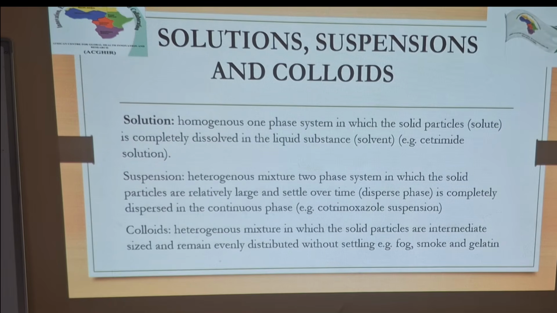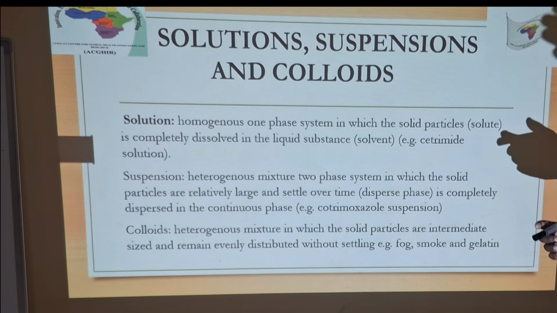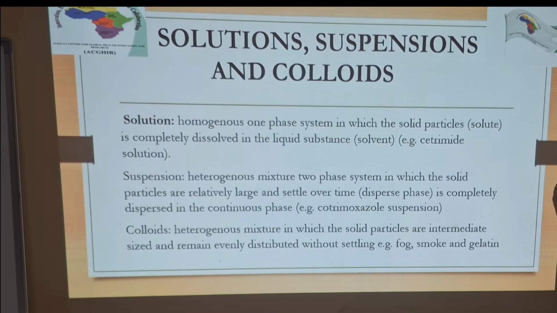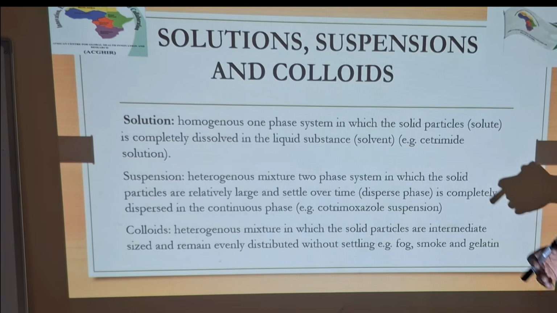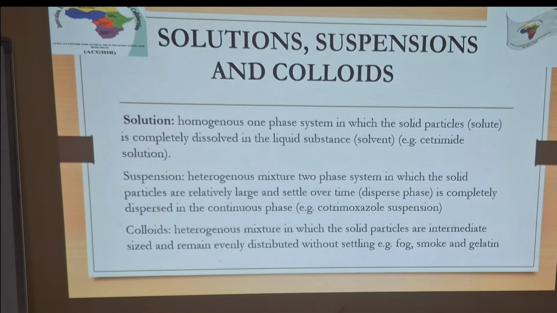It is also important to highlight that we have two types of suspensions: solid in liquid suspensions and liquid in liquid suspensions. The solid in liquid suspensions are called pure suspensions, and the liquid in liquid suspensions are called emulsions, which have a very good application in the field of pharmacy.